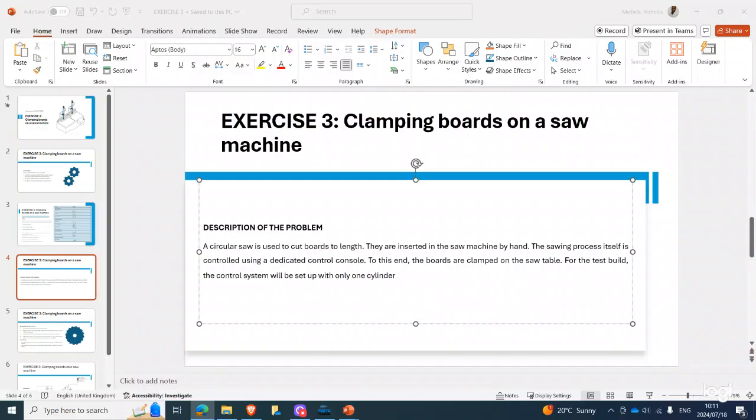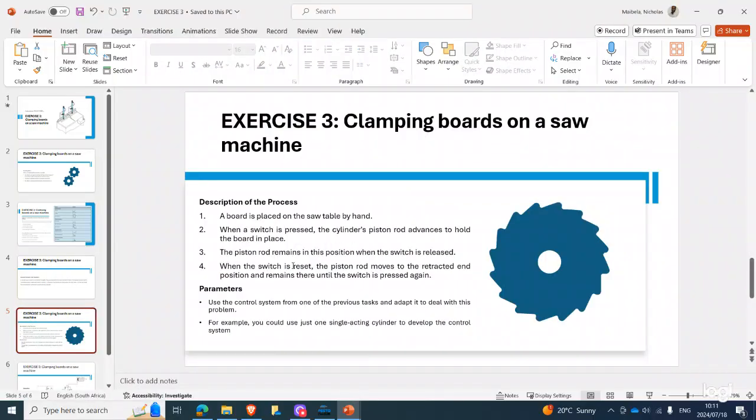The control system will be set up with only one cylinder, right? So now we move on to our description of the problem.